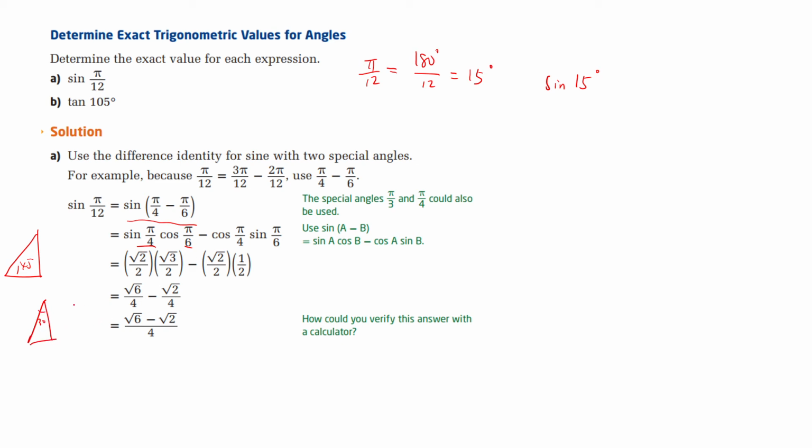So we know the values from the special triangles. After calculation, we can get the exact value, and if you put it into a calculator to verify, you can find the decimal value of it.